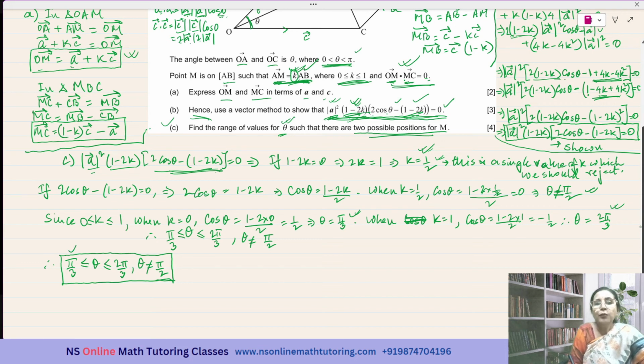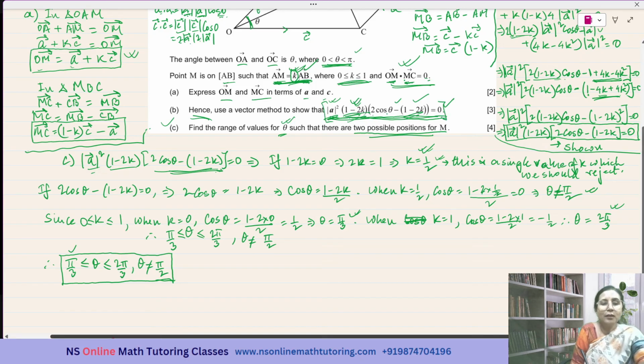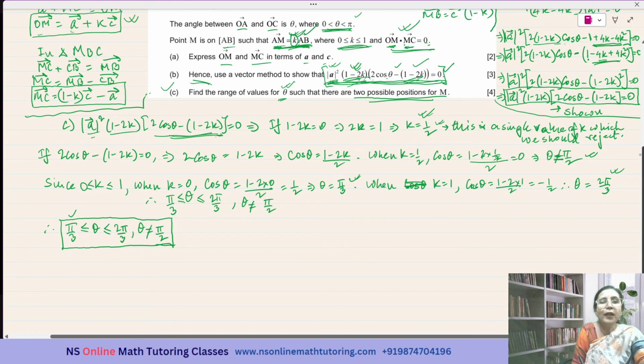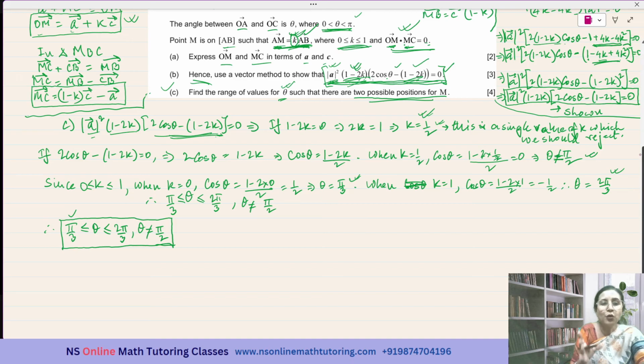I'm taking this whole equation. I'm changing my pen color so that you understand this is not a part of answering part C. This is just to show that the answer that we have given is correct.